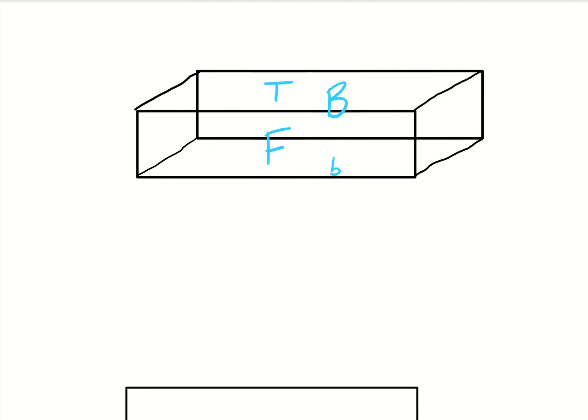I like to do a lowercase b for the bottom, and then we have the right side and the left side. So in order to do these, we can just look at which ones we've already found the area of, and then add those all together. That's going to be the same thing.